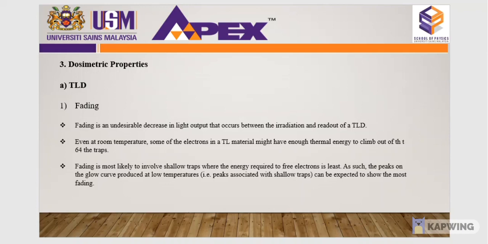Fading is especially likely to occur in shallow traps with low energy requirement for electron release. As a result, the glow curve peak is produced at low temperature. For example, the peak associated with a shallow trap should fade the most.